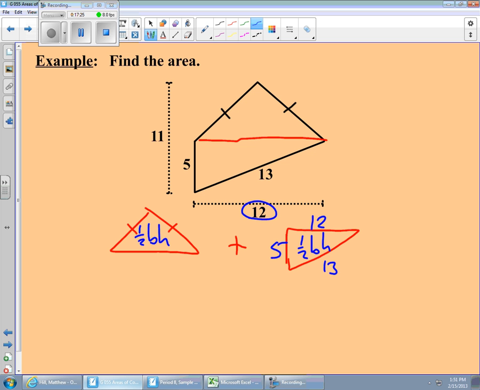So we have the 5, the 12 and the 13 over there. How about any information for the triangle on the left? If this is 12, coming across the top of that triangle on the bottom, then obviously that side is shared. It's the same information in the diagram.